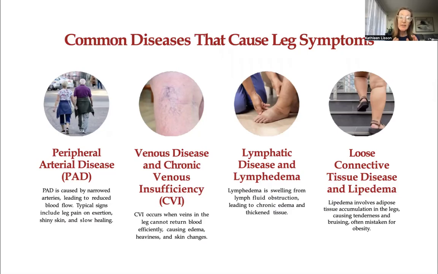And then this little picture of some spider veins, telangiectasias, is kind of like the canary in the mine shaft. This is a venous system that's refluxing. So if you're seeing signs like this on your client's legs, that's an indication that the venous system is not as healthy as it could be.